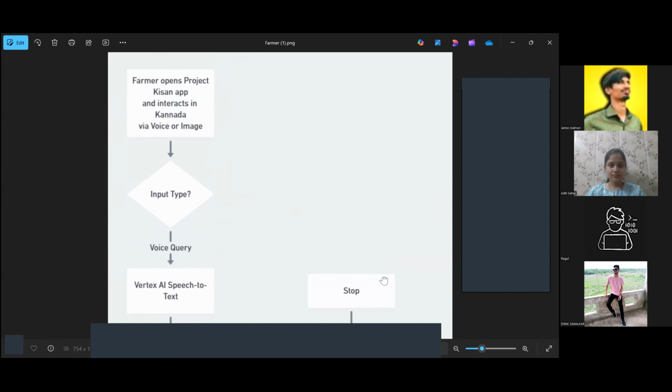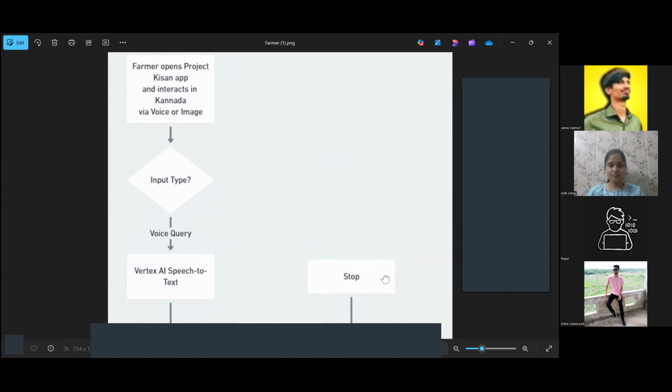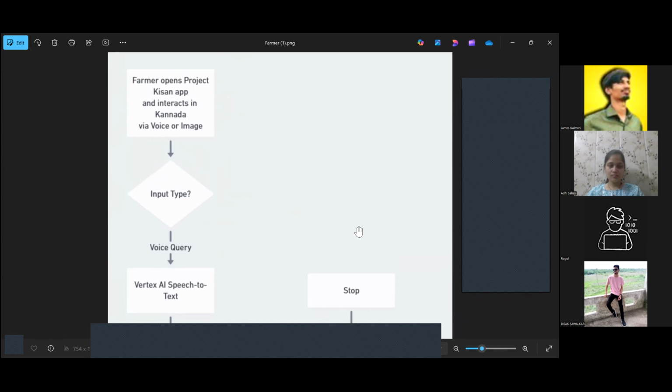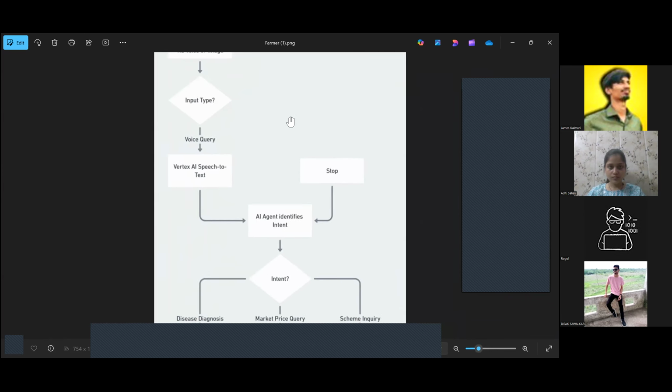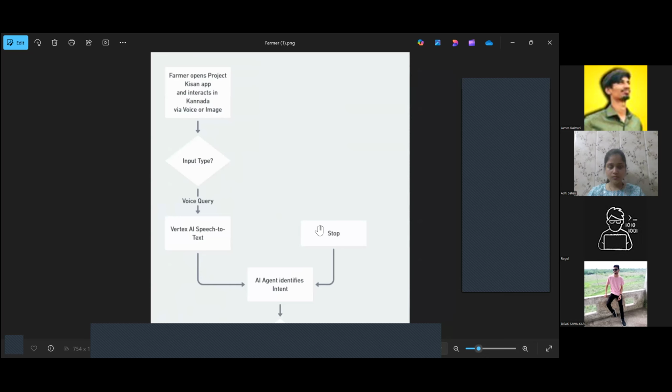So, what exactly is the workflow that I did, from whatever we decided: first the user can give us inputs by an image, a voice, or text itself.